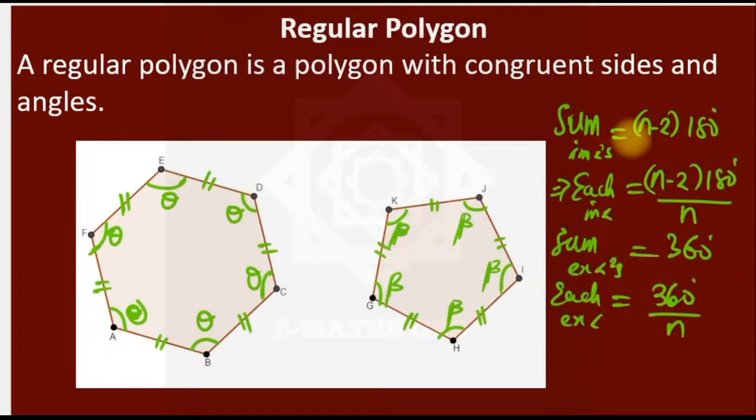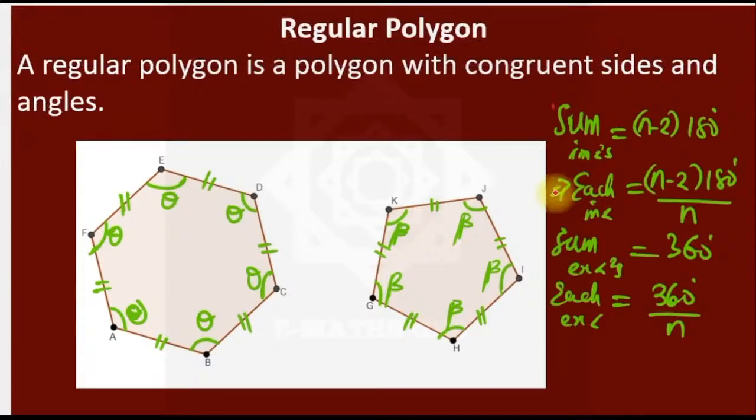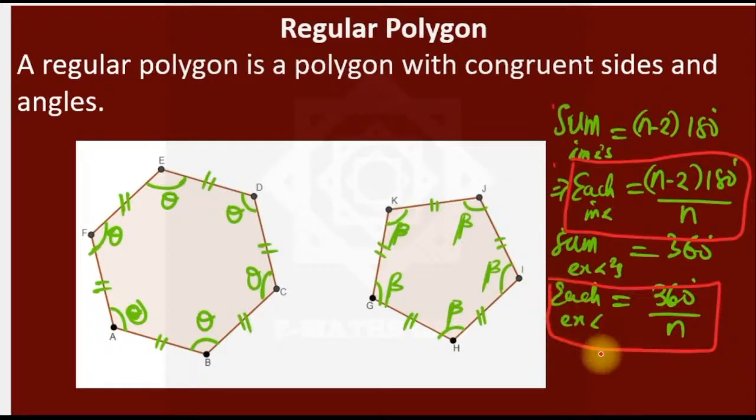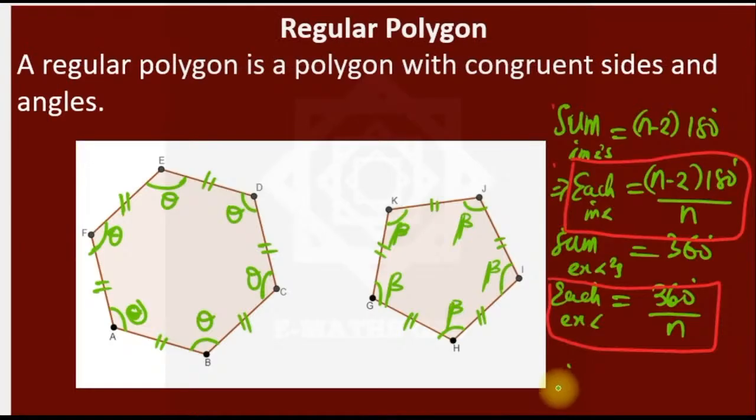So that's another formula. So we have how many formulas now? We have 2. Most questions will come this way. And also, finally, the central angle is always equal to the exterior angle.